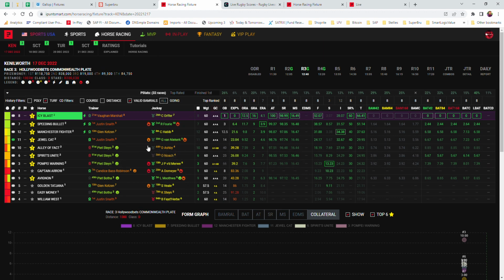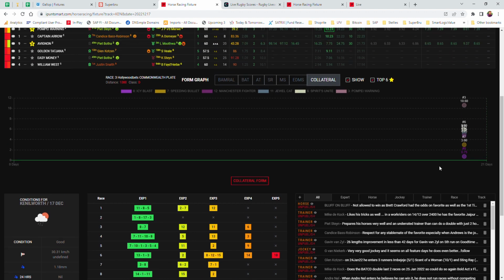Third race here, if you look at collateral form, for instance, as an example, your collateral form at the bottom here is all together. Long ago, Icy Blast, Speeding Bullet, Manchester Fighter, Spirit Unite, and Pompey Warning.